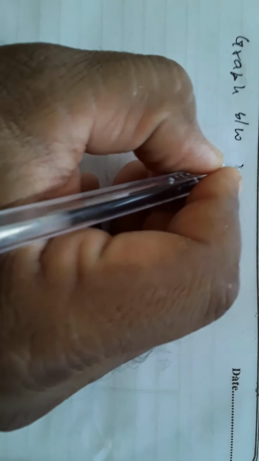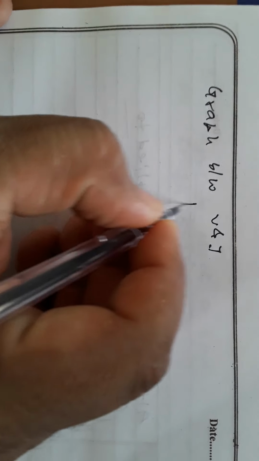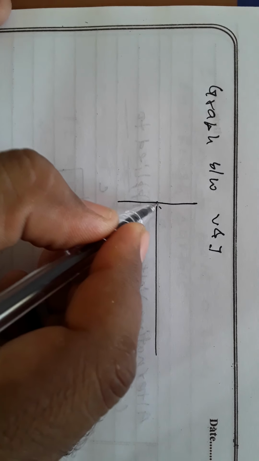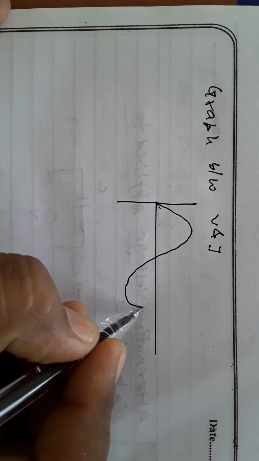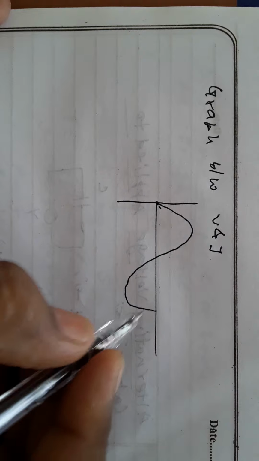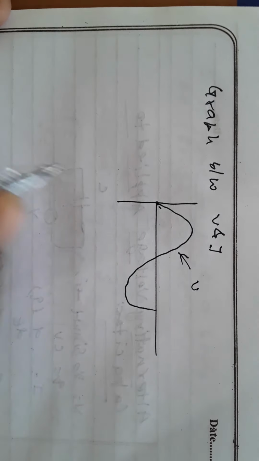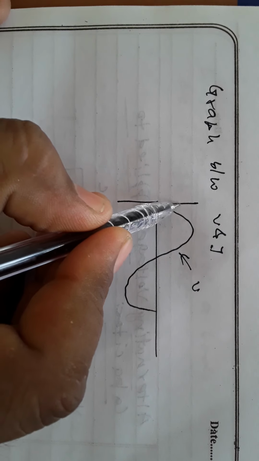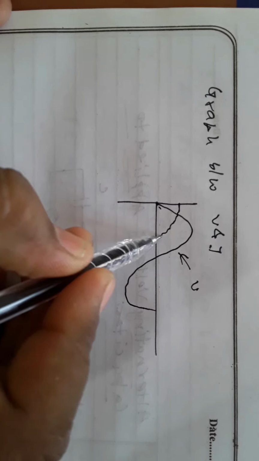Graph between V and I. This is for the voltage. For the current, it is like this.